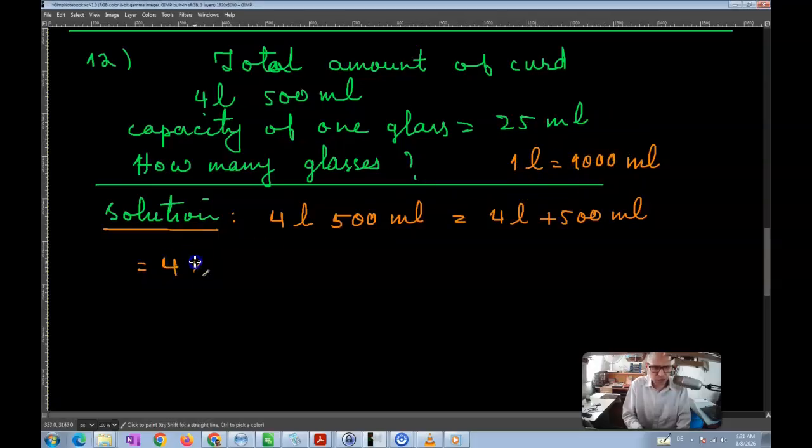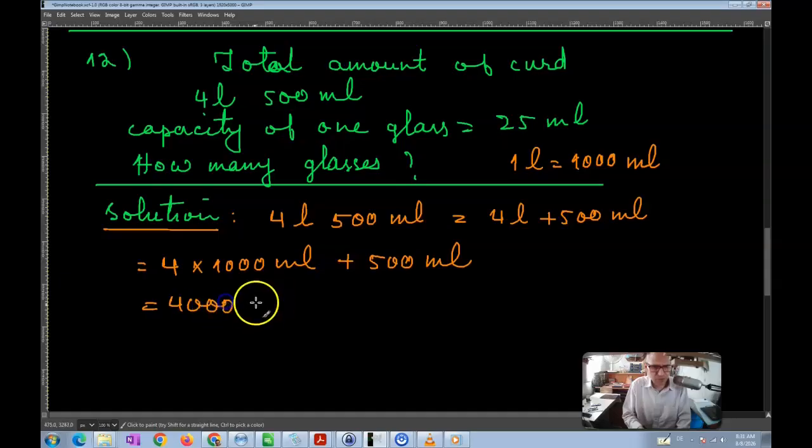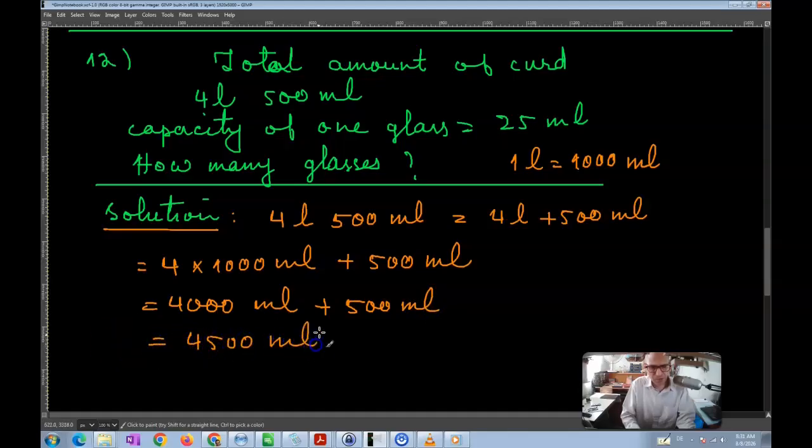So that's 4 times 1,000 milliliters plus 500 milliliters, which is the same thing as 4,000 milliliters plus 500 milliliters, which is the same thing as 4,500 milliliters, right?